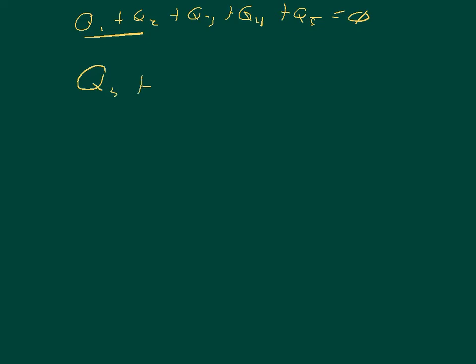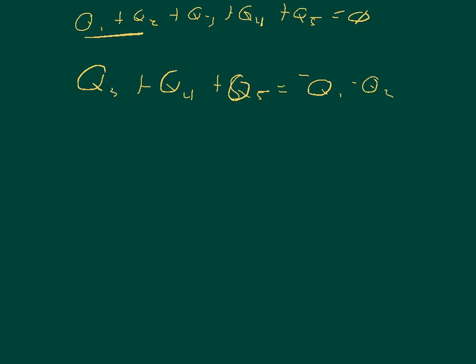So here's how we have to set this up. Q1 plus Q2 plus Q3 plus Q4 plus Q5 equals 0, since it's in an isolated system. And so we already know Q1 and Q2, so we're going to isolate them onto the other side of the equation. So we get Q3 plus Q4 plus Q5 equals negative Q1 minus Q2.